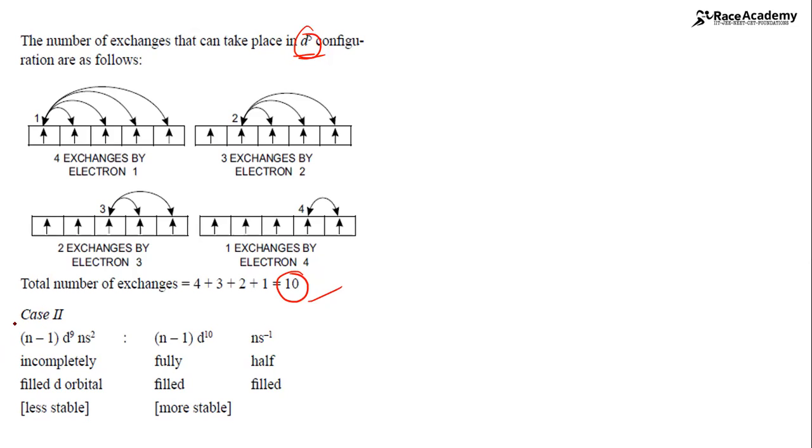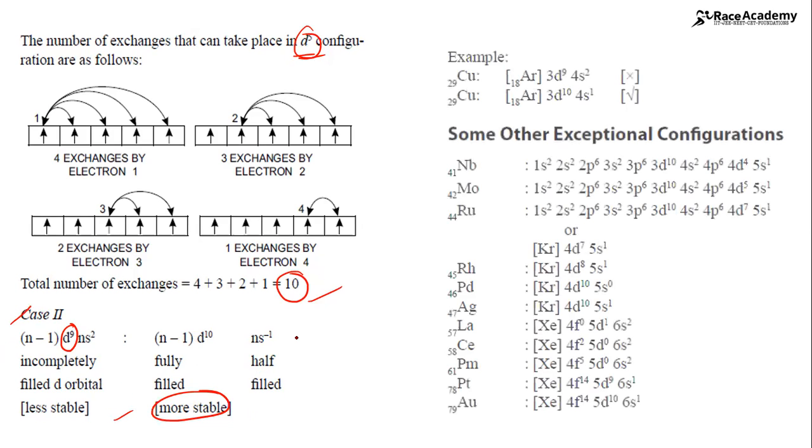Coming to case 2, a completely filled configuration is more stable than the d9 configuration of a species with an incompletely filled orbital. So a completely filled orbital leads to stability of the species, and this is why d10 4s1 is suggested for copper, but d9 4s2 is not. That is the second case.